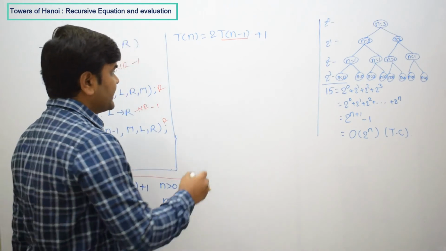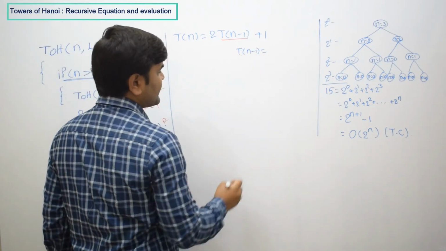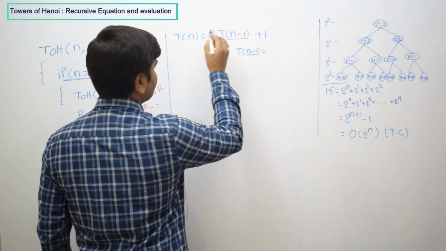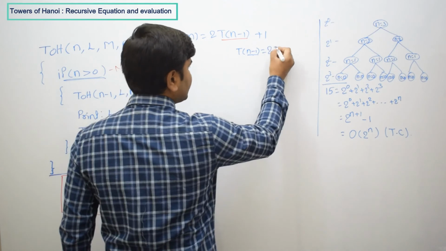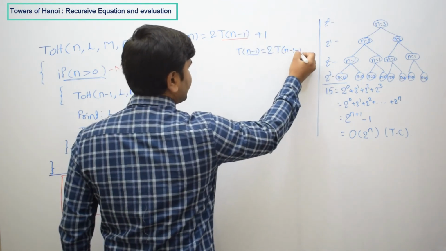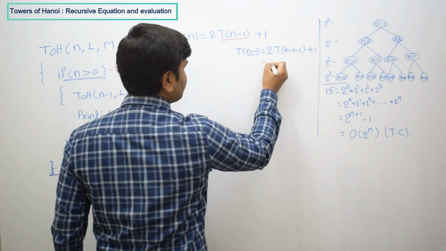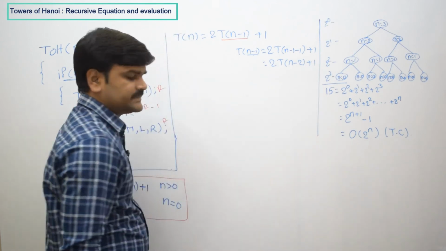Let us try to find out that part. So T of n minus 1 equals, you substitute n minus 1 in the n place in the original equation, right? So that is 2T of n minus 2 plus 1.